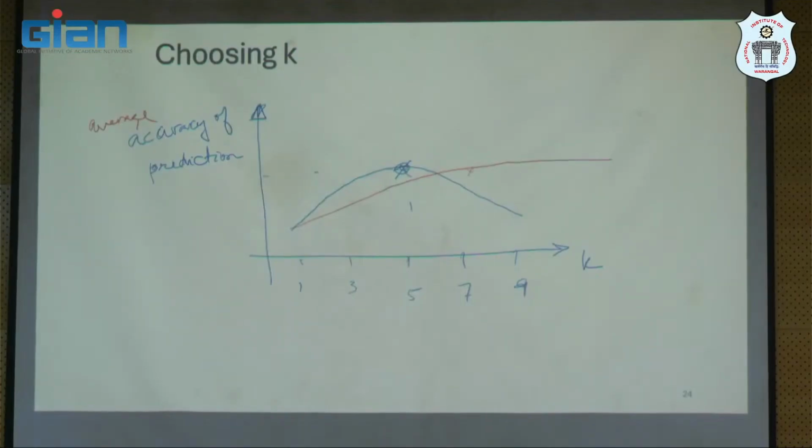Then you have to show this slide, giving a graph. I ran this, I got this, this is the trend. The percentage accuracy in prediction does not increase significantly beyond a certain K, so I chose that K. Then go into KNN. Okay?